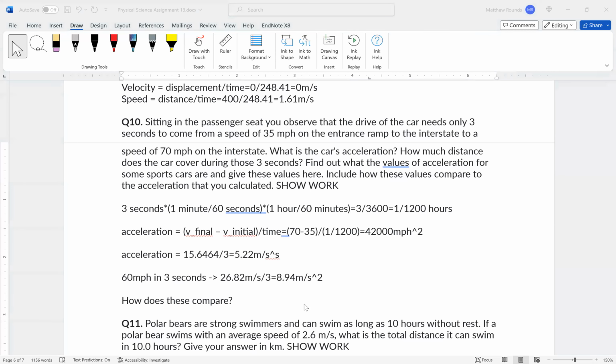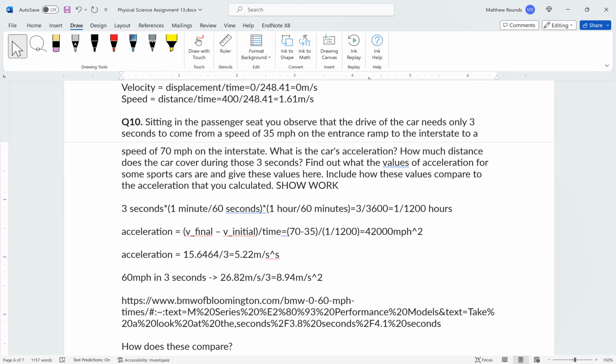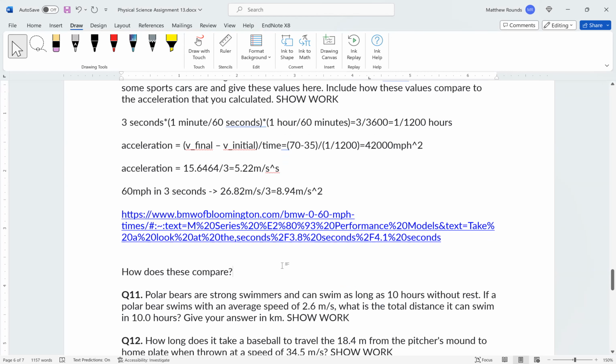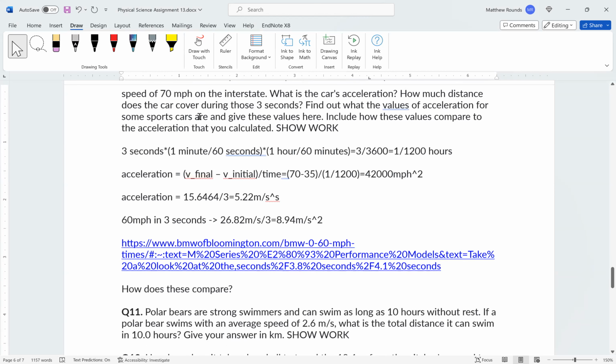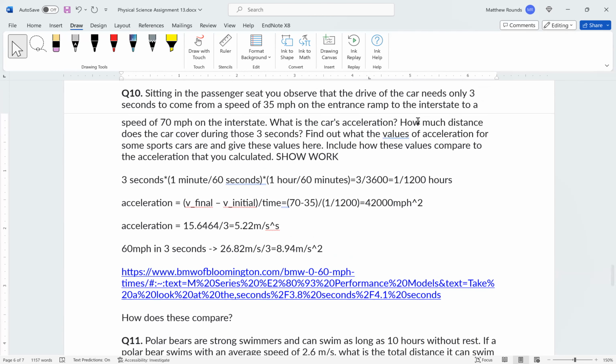So copy link. All right. So basically, you want to tell me in your own words that the BMW accelerates faster than the car that you're in the situation.